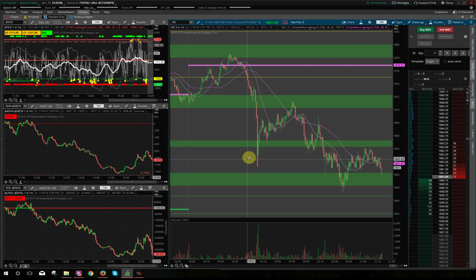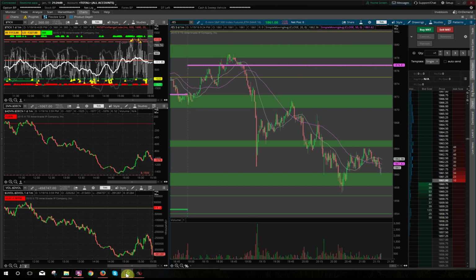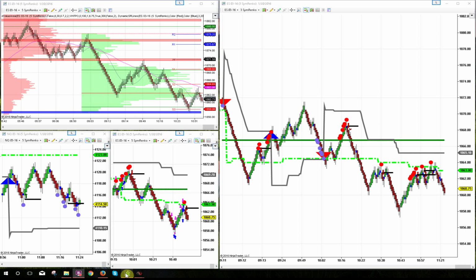Now, what I'm going to show you here is, one, using Thinkorswim plus my NinjaTrader platform, which I use to actually execute the trades, and then this particular indicator that I have here.